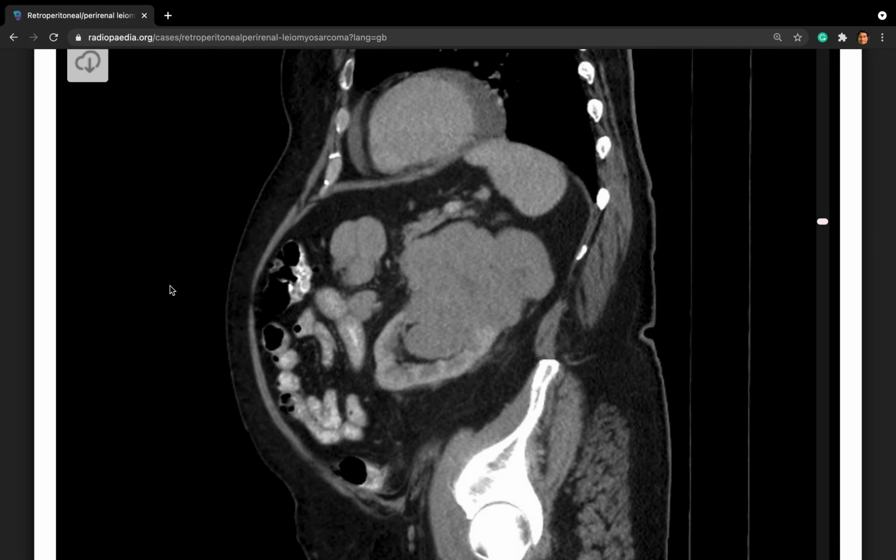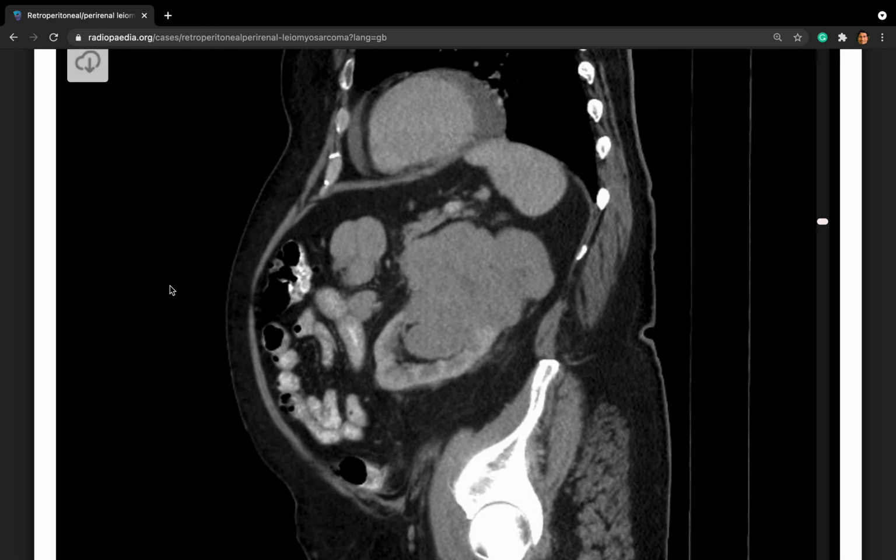The initial plan will be to go ahead with a left radical nephrectomy and then give around 6 to 8 weeks for him to recover from the surgery, and then later go ahead with a partial nephrectomy on the right side, but bearing in mind that it might end up in a radical nephrectomy, and I will involve the nephrology team beforehand itself.